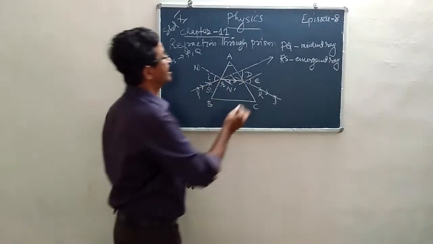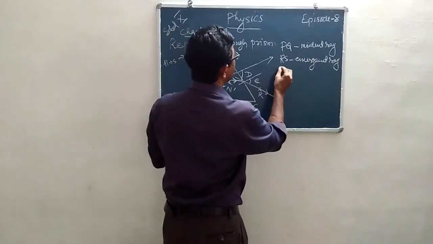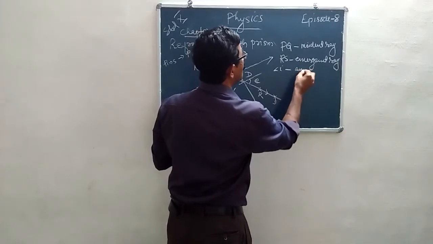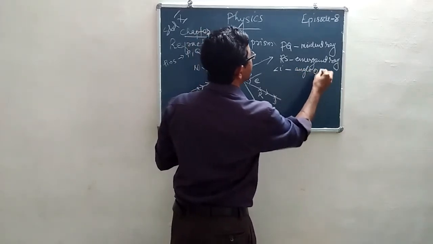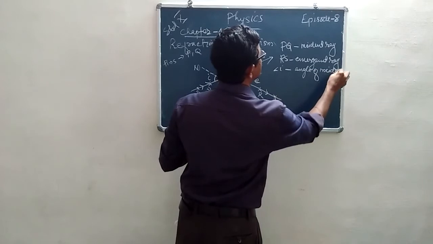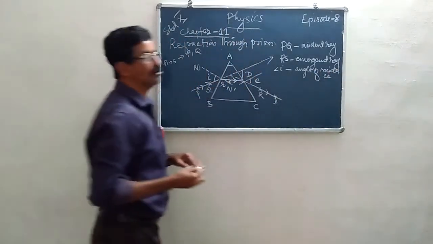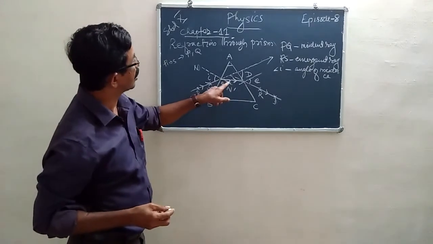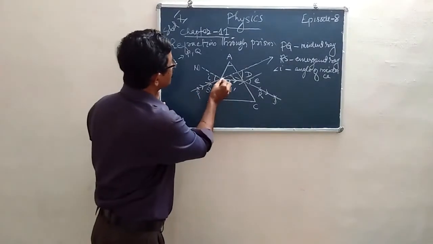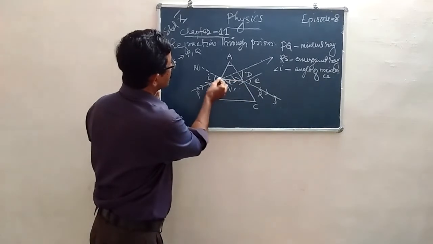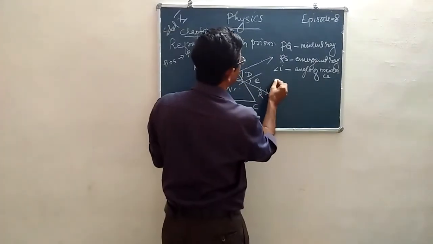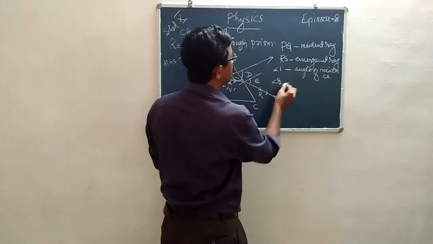And I is what angle? What is the angle of incidence? Angle of incidence. Then this refracted ray and this normal, here the angle is the angle of refraction, R. What is R?